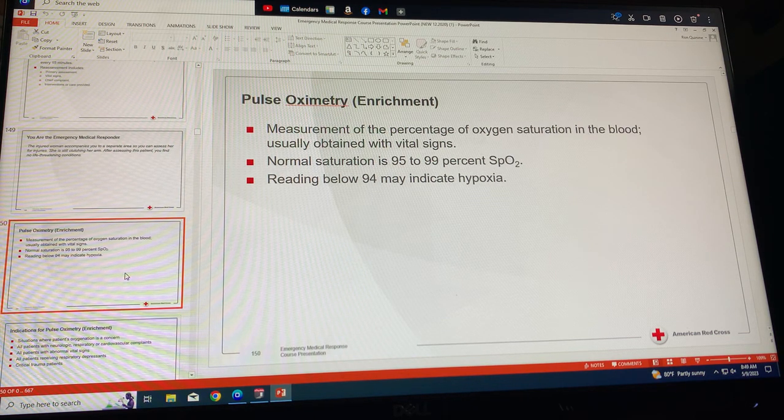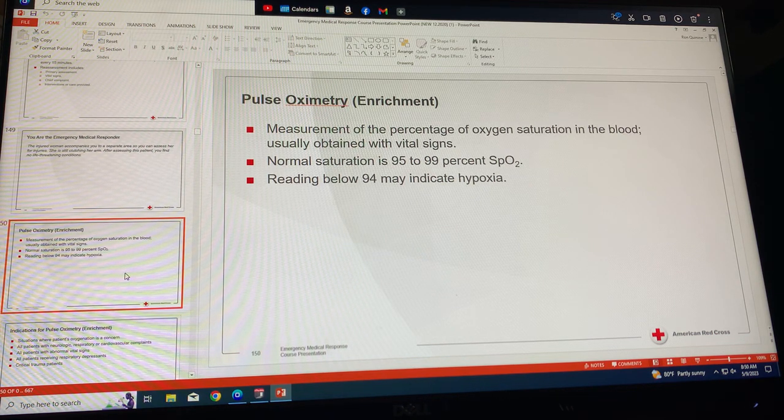Pulse oximetry should be used as an added tool for patient evaluation, as it is possible for patients to show a normal reading but have trouble breathing, or have a low reading but appear to be breathing. When treating a patient, all symptoms should be assessed along with the data provided by the device.